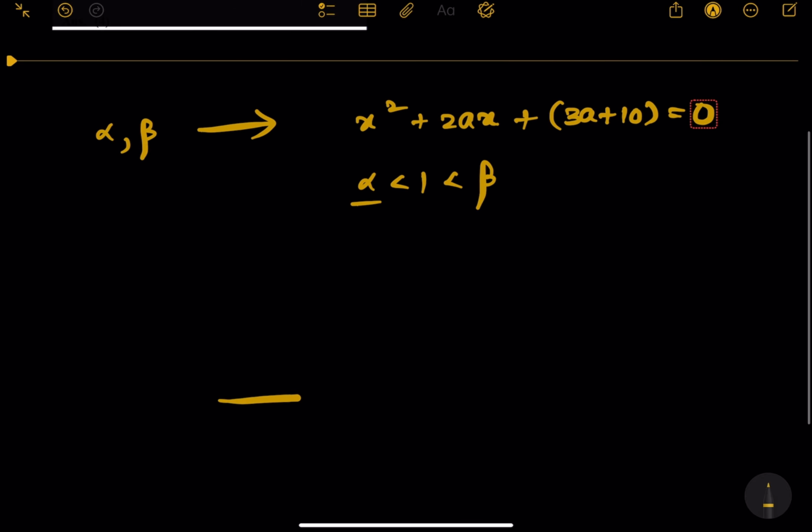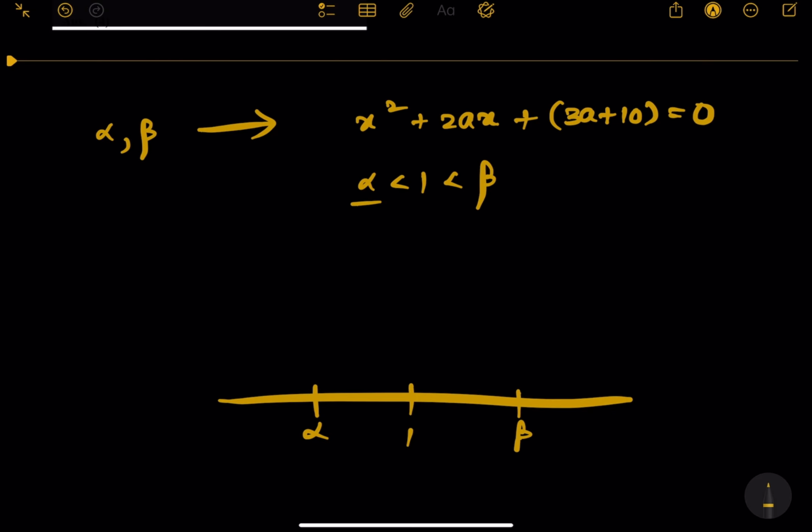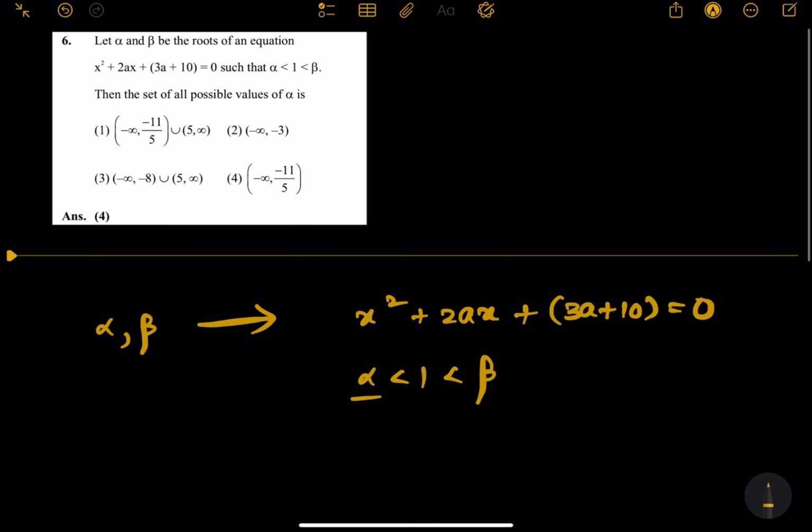So let us try to draw the graph. Here you have 1. Since alpha is less than 1, alpha lies here and beta lies here.